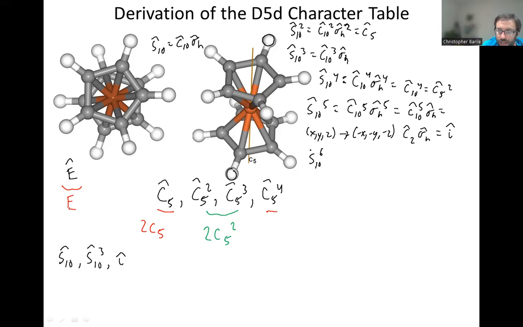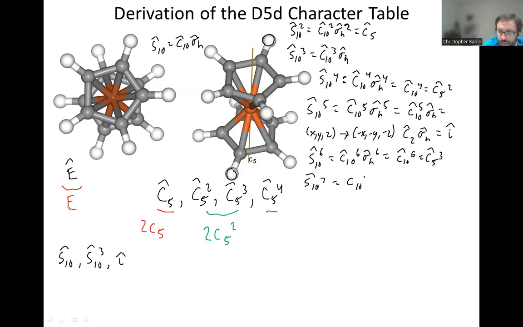We can carry on and go to S10 six times. We have an even number here, so we know that's not going to give anything unique. That's going to be a C10 six times followed by sigma H six times. Doesn't do anything. That equals C10 six times, which is equal to C5 three times. We have that here. Go on to S10 seven times.